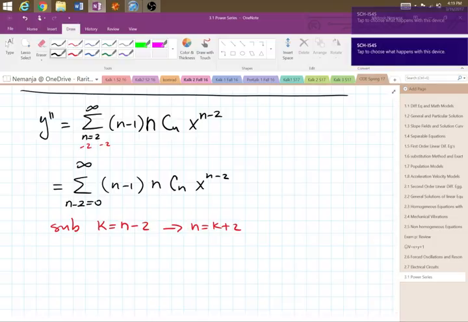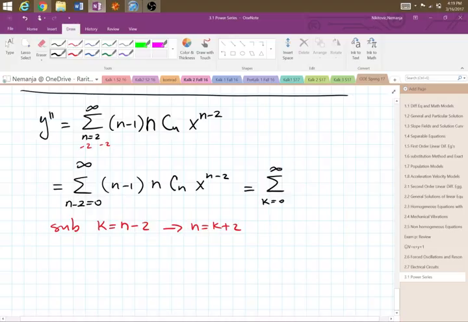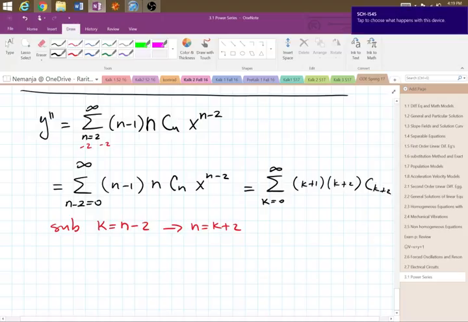So once I use that substitution, I will get k starts at 0, goes to infinity. Now n is k plus 2, so this is going to be k plus 1, and then n is k plus 2, and then C of k plus 2, and I don't have enough room for x to the k.